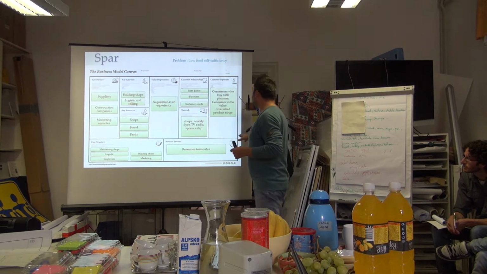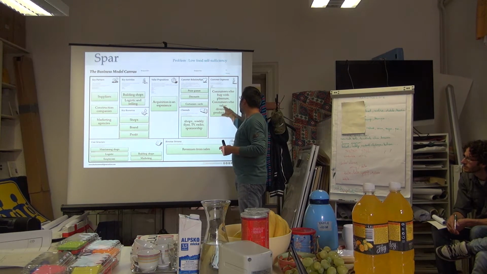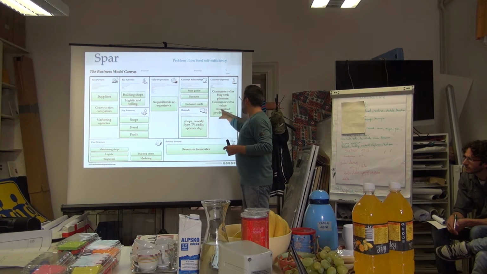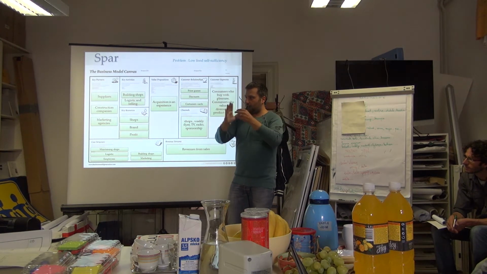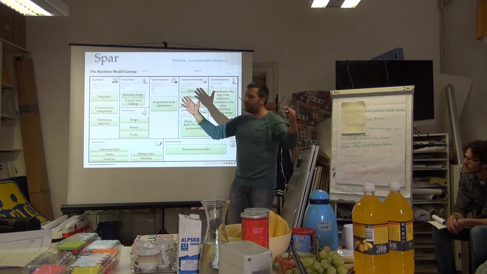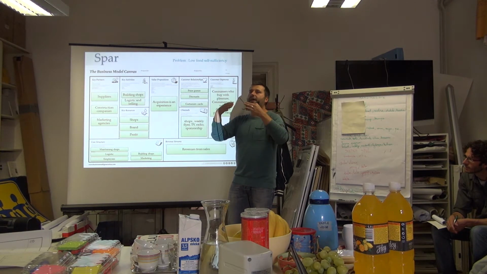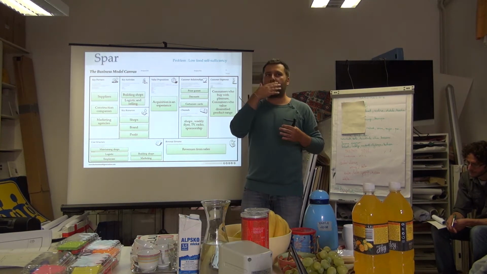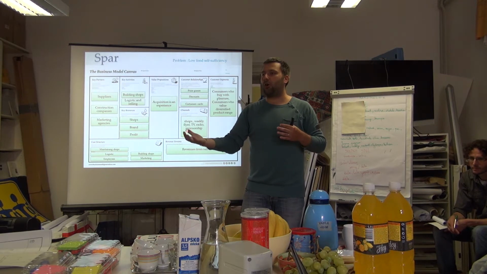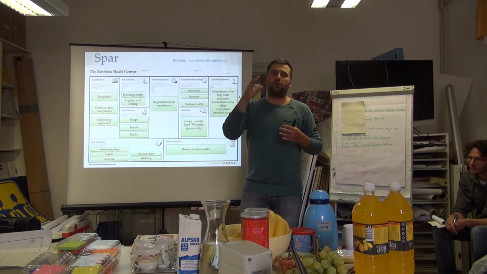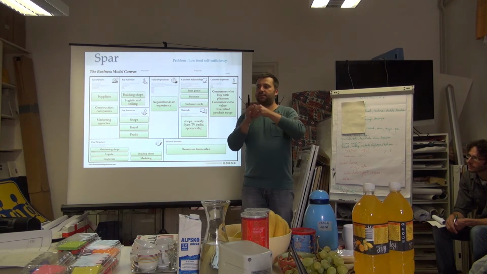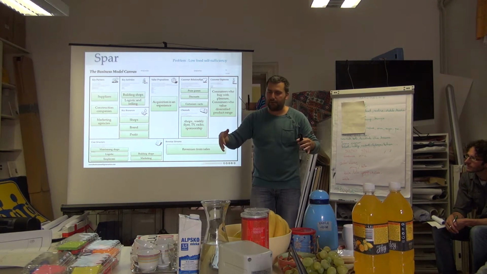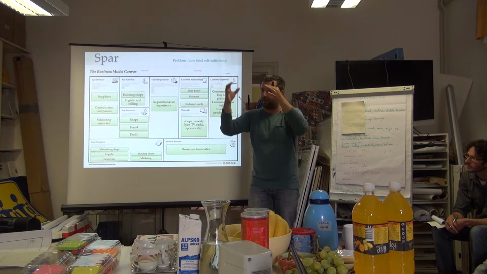Spar has customer segments of consumers who buy with pleasure, and they want diversity, so they want to have a lot of different products, and they put a lot on the shopping experience. So if you go to Spar, you will see that everything is on the shelves. The people who are employed there put everything on the shelves.